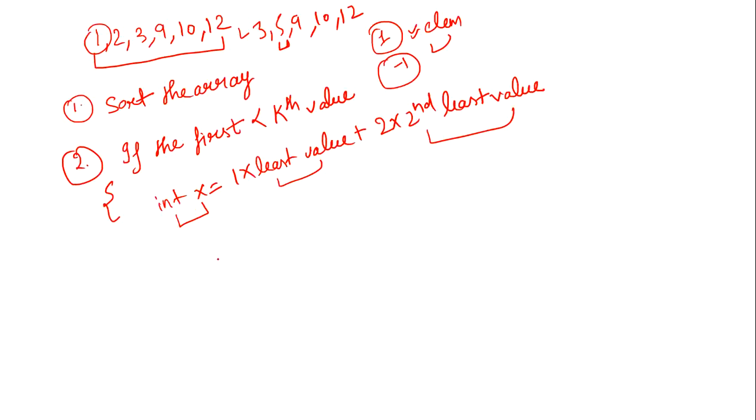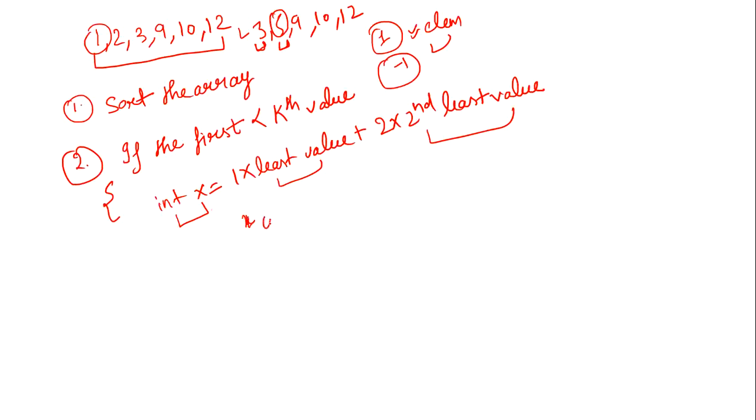So again inside this we have to run a loop, that is we have to check if the value of the given array is less than this particular element that we have calculated using this formula, that is x.